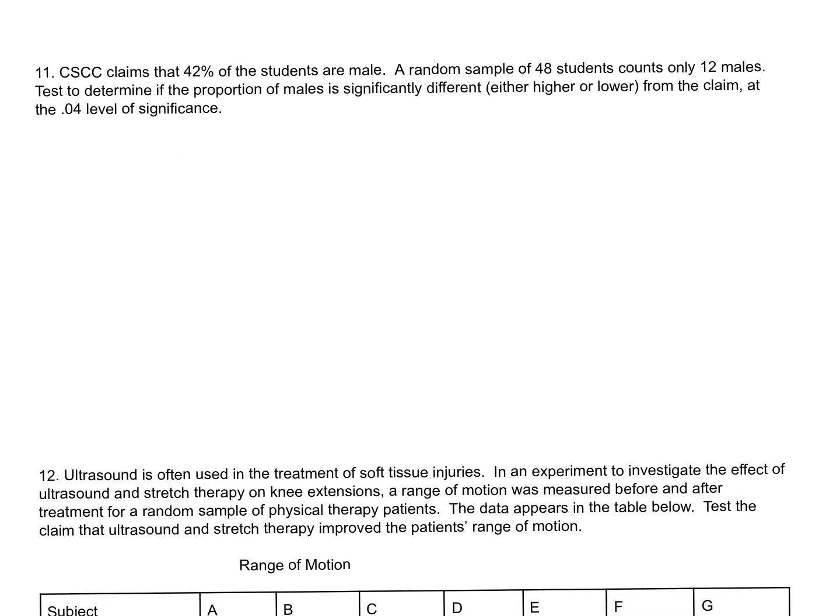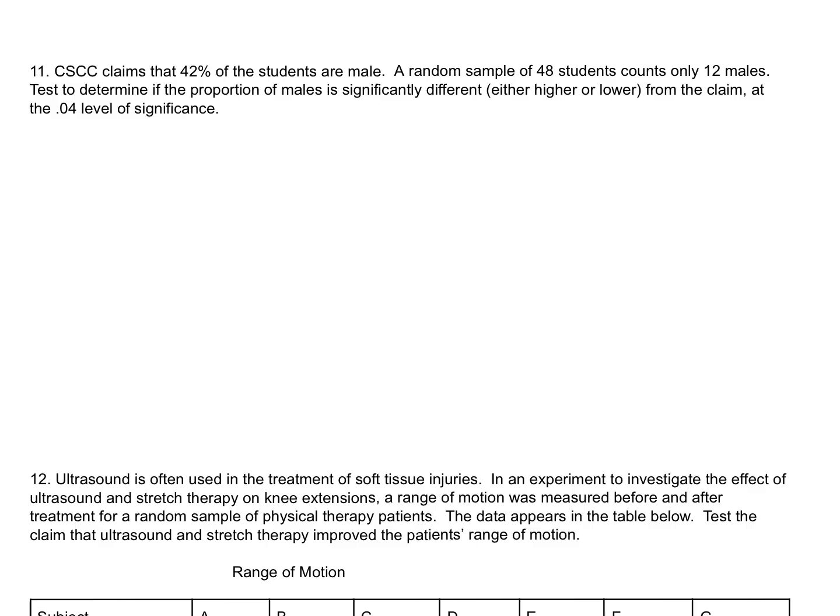All right, so the next we're going to take a look at is a hypothesis test for a single proportion. So Columbus State Community College claims that 42% of the students are male. A random sample of 48 students counts only 12 males. Test to determine if the proportion of males is significantly different, either higher or lower, from the claim at the 0.04 level of significance.